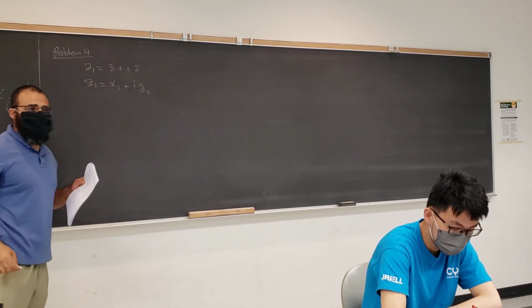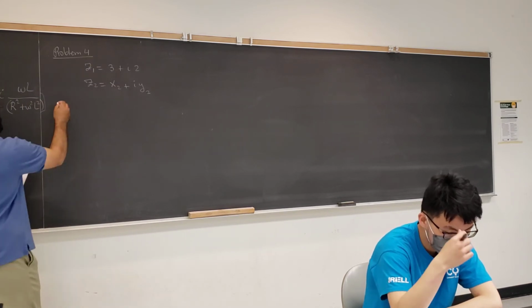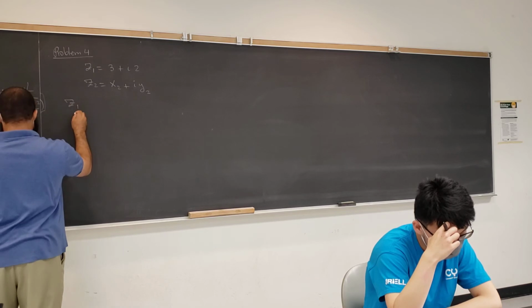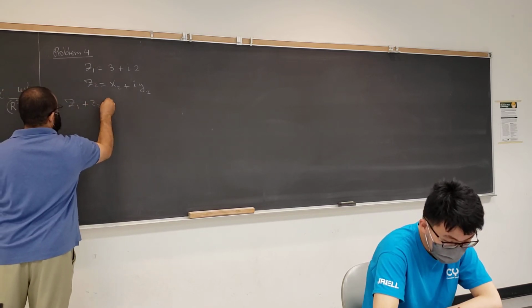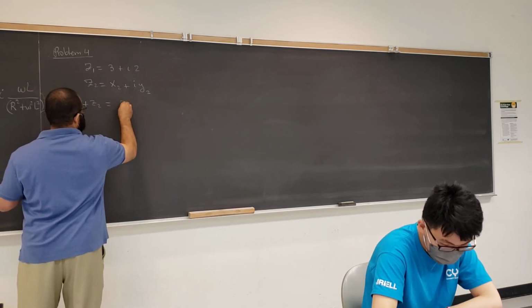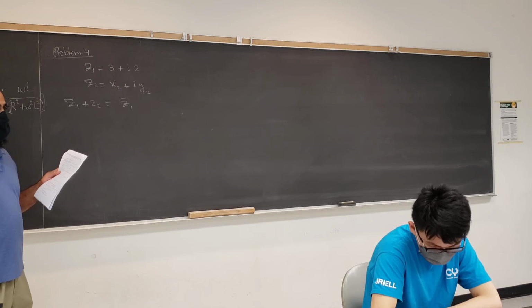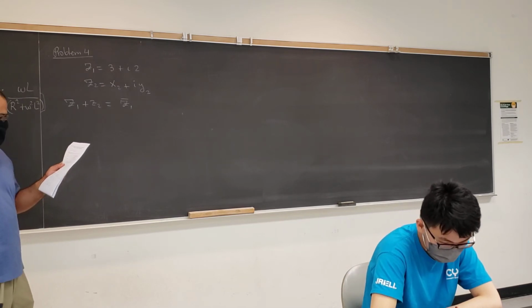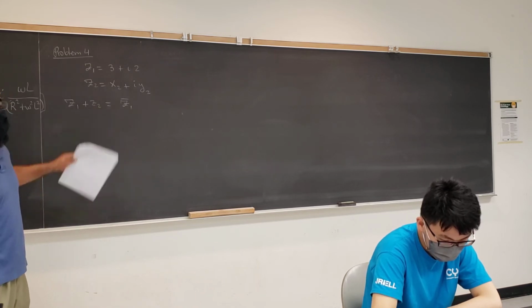We don't know what x2 and y2 are. But here's what we're told: that Z1 plus Z2 is equal to Z1 complex conjugate.